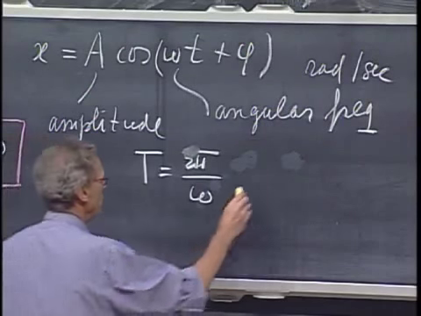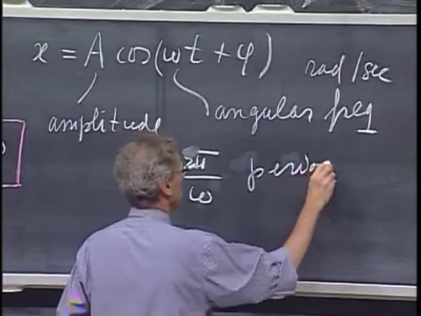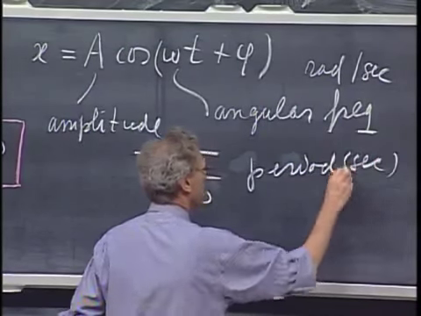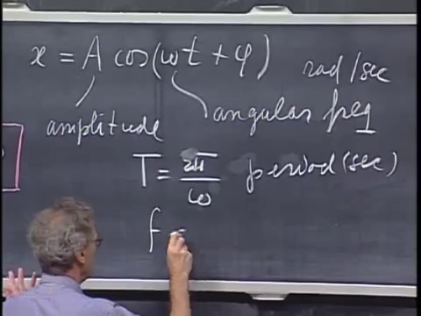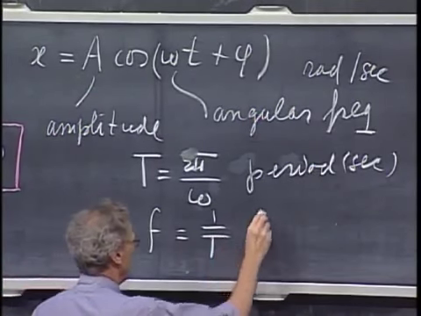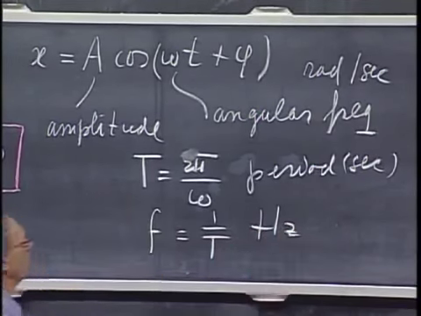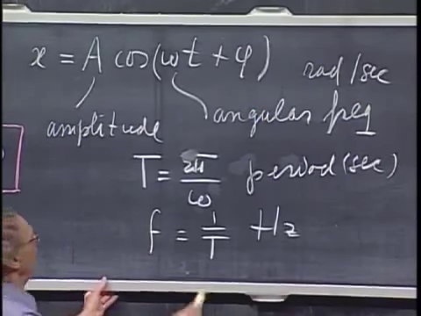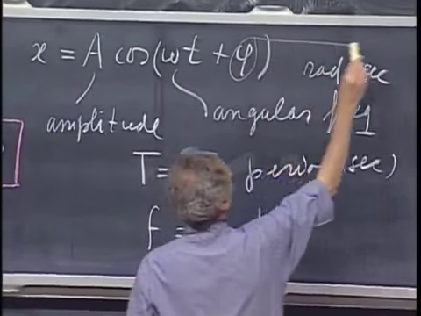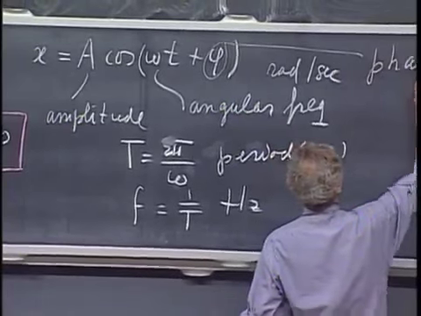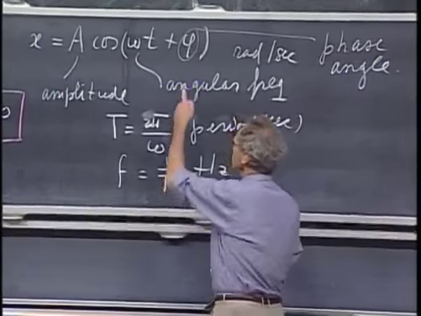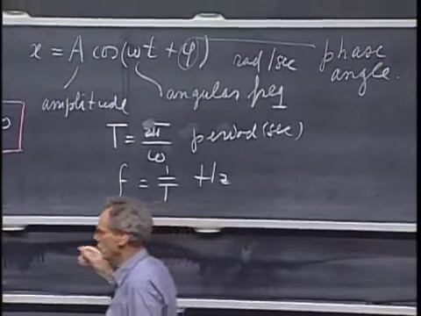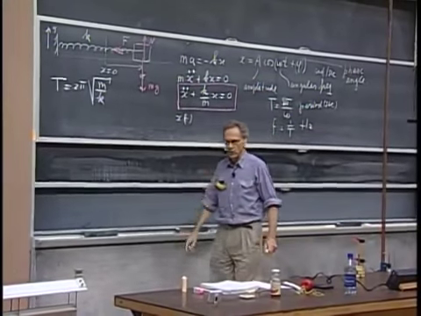So this is the period of the oscillation, and that is in seconds. And you can define the frequency of the oscillations, which is 1 over T, which we always express in hertz. And then here we have what we call the phase angle, and I will return to that. That's in radians.